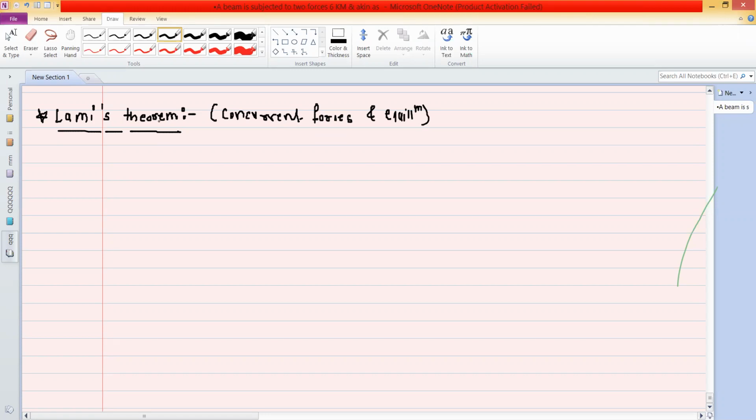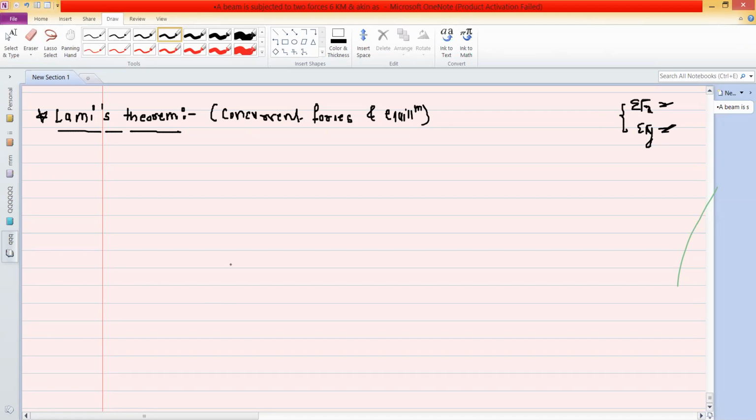If you want to find some unknown in the equilibrium, and the forces are concurrent and there are three forces only in the system, then without using summation Fx equal to 0 and summation Fy equal to 0, we can find the unknown forces or the reactions by using Lami's theorem.